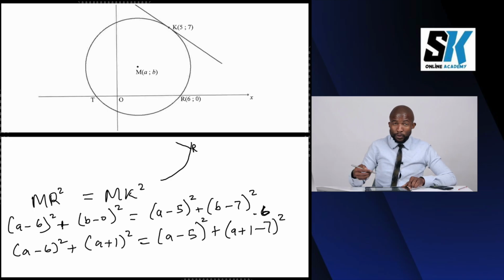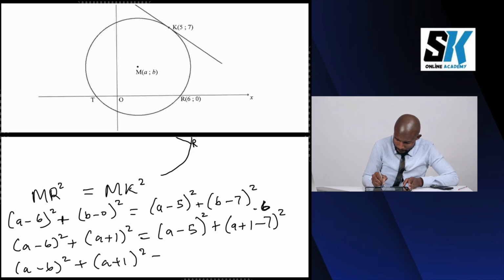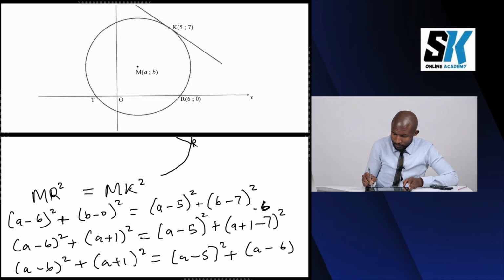So now we're going to use algebra to get A and B. Everything is in terms of A, so we get A first, then we get B. I'm just rewriting everything. This term is going to be minus 6 as well.